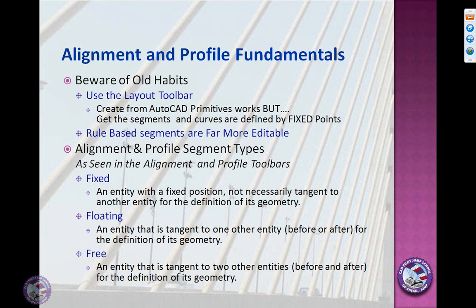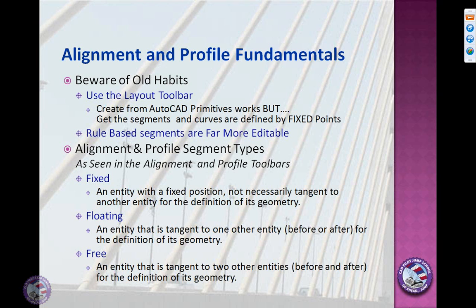And so the layout toolbars help you enforce all that and keep that in link so that your alignment doesn't have non-tangent curves. So it's perfectly acceptable to build a non-tangent curve into an alignment or even a profile for that matter. So we have this idea of types that we see in the layout toolbars. So we'll show you this a little bit.